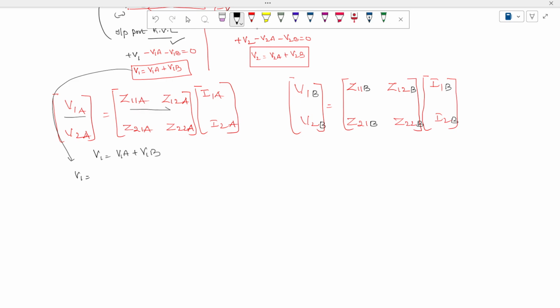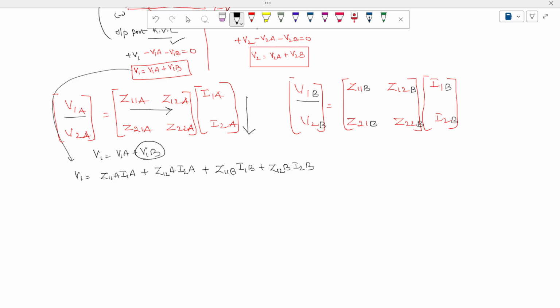Here I can write V1 is equal to, how to write V1A? Multiplication of row into column. The row I can write as Z11A into I1A plus Z12A into I2A, plus, how to write V1B? V1B I can write as Z11B I1B plus Z12B into I2B is the equation.